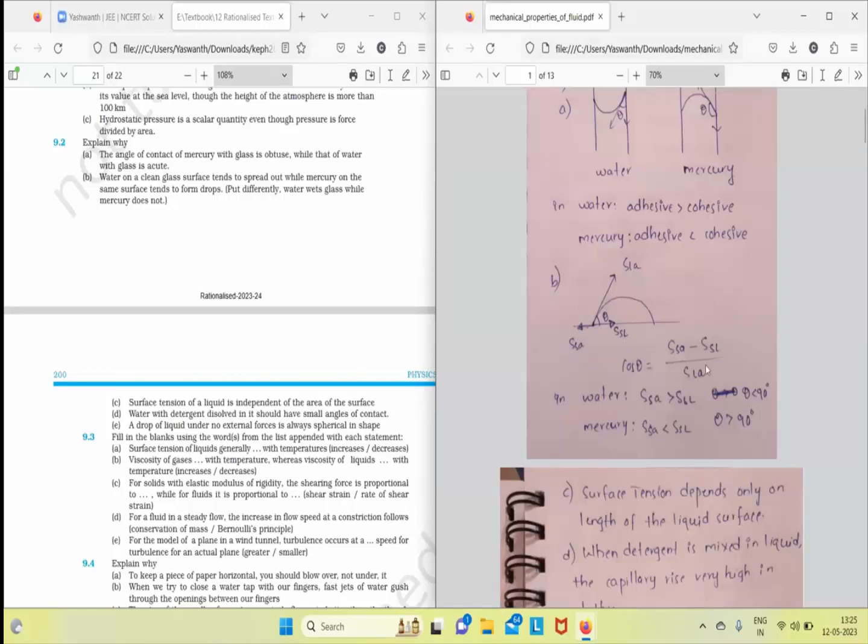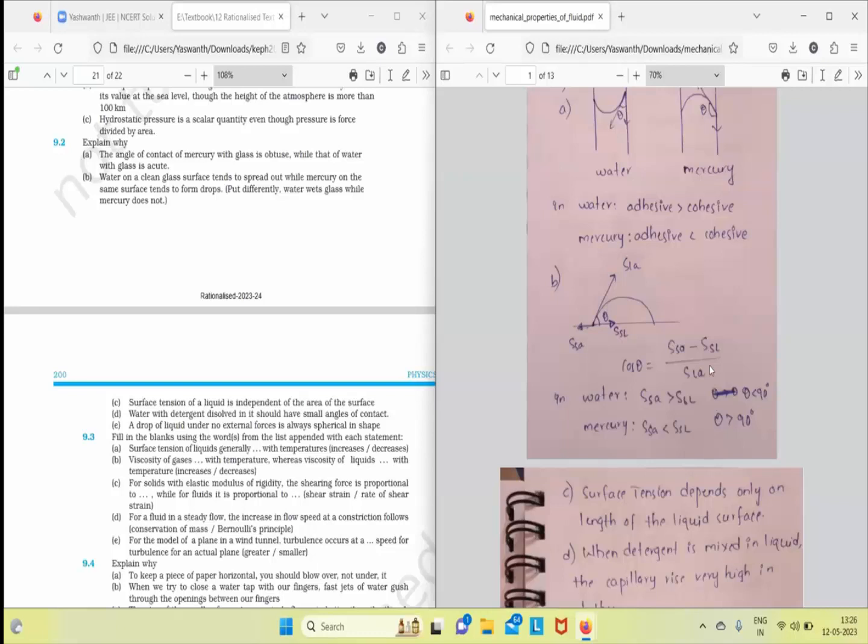So in the case of water, the interaction force between air and the solid will be greater than the interaction force between solid and the liquid. Again, the interaction force between solid and air will be greater than the interaction force between solid and liquid. I mean, S_SA is greater than S_SL. So obviously the numerator will be greater than 0.